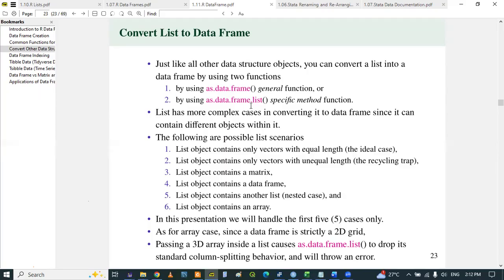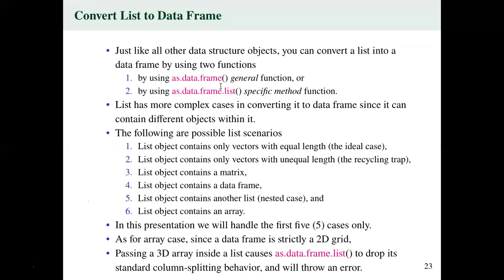Just like any other data structure, here also we have two functions, as.data.frame and as.data.frame.list. The first one is generic, which means it can take any object, and it will figure out automatically the nature of the object passed within it and return the output. As for data.frame.list, this is specific.